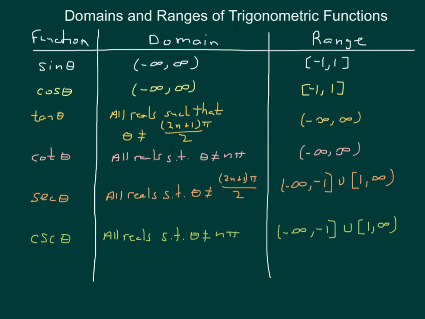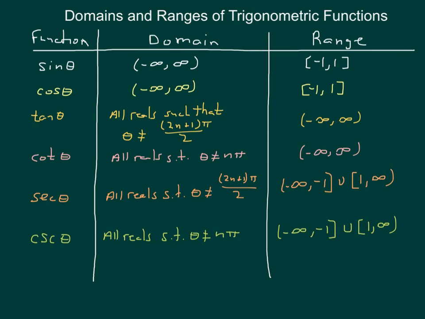Secant is all reals except where cosine is 0, so it's going to have the same domain as the tangent. It's all reals such that theta does not equal 2n plus 1 times pi over 2, the odd multiples of pi in the numerator divided by 2.